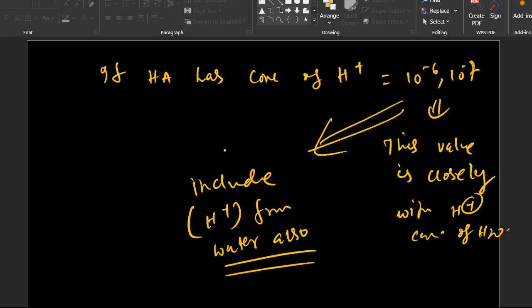And if the HA has concentration minus 5, minus 4, minus 3, minus 2, minus 1, then in that case the concentration of acid is very huge compared to the H plus concentration from water. So in that case, the water value will not affect our concentration of acid. In that case, we can neglect the concentration of H plus from water.